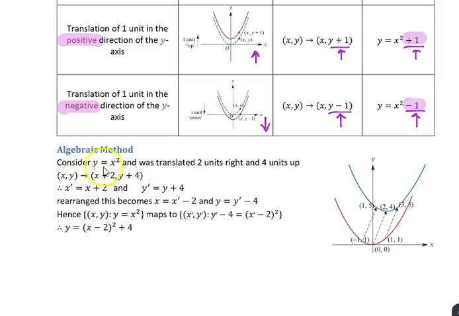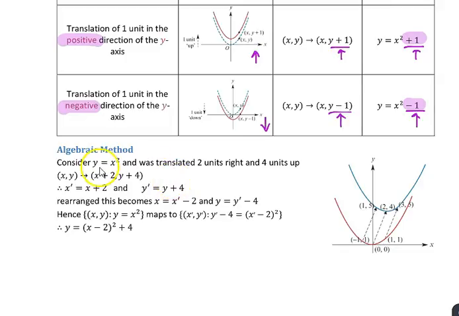So x plus 2 is 2 units right, and y plus 4 is 4 units up. This is your new x and your new y. So your new x value is x plus 2 and your new y is y plus 4.